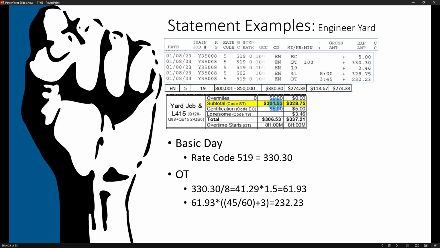So this is more weight on the driver than the cheat sheet. So that's why I had to look at the rate codes as an engineer. So basic day there, overtime, boop, boop, boop, matches.